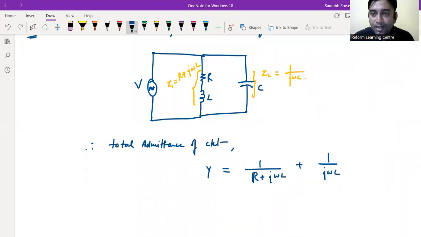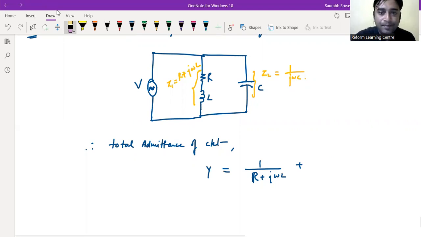The Z2 is 1 upon J omega C. इसका inverse लेंगे ना, 1 upon Z2 लेंगे. It will be J omega C. But till there is a complex number in denominator, we cannot separate real and imaginary parts. So we have to rationalize this term.